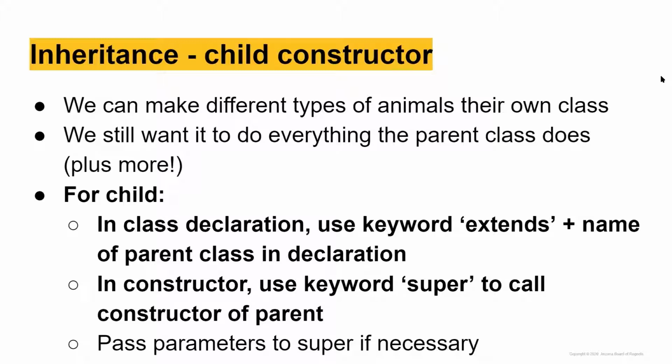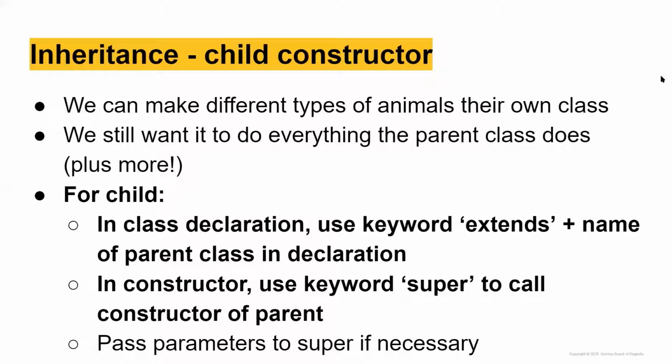So in the constructor, we are going to use the keyword super to call the constructor of the parent. On top of that super call, which we use kind of like a method within the constructor, we are going to add any additional variables that we might have just for the child class. We're just going to add those on to the end.